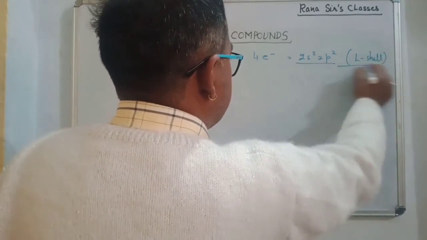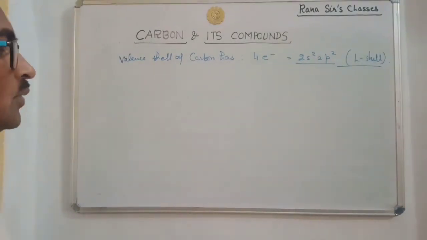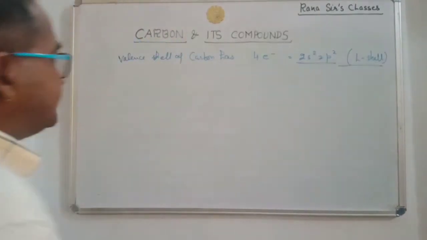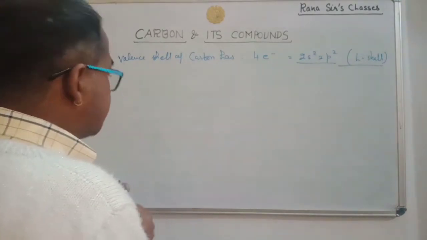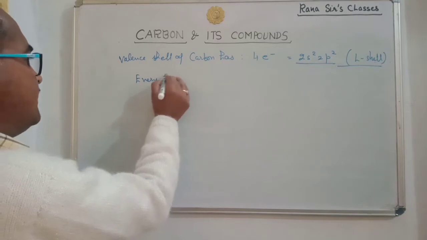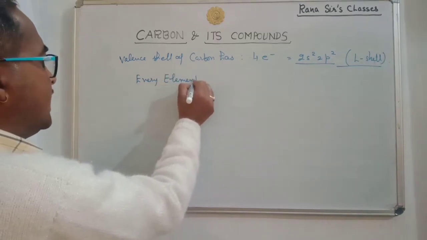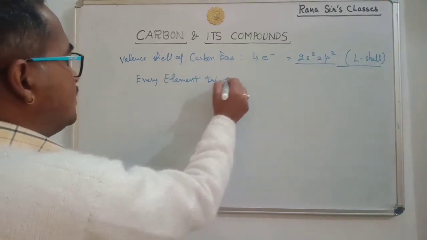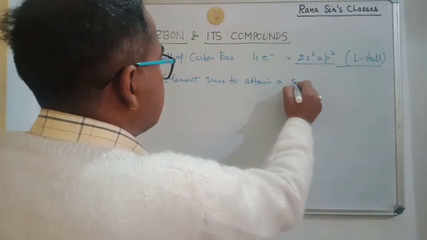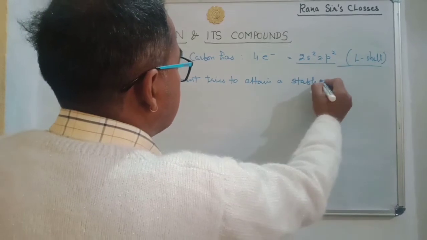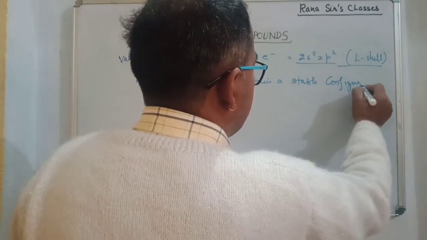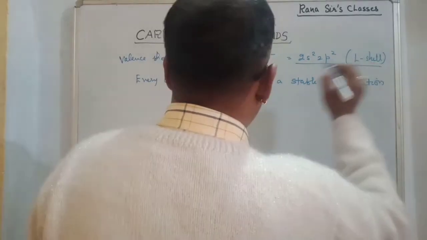So students, the nature of carbon is that, first, every element tries to attain a stable configuration, or noble gas configuration.